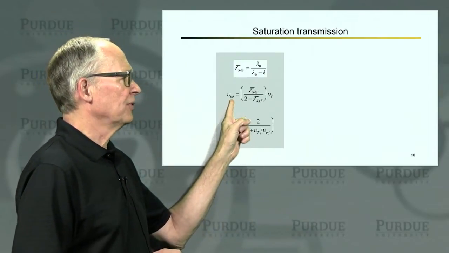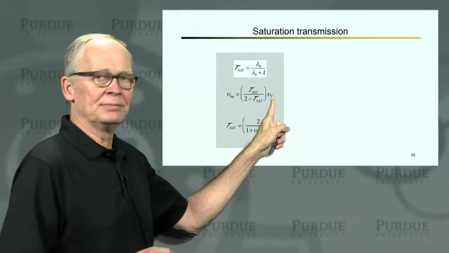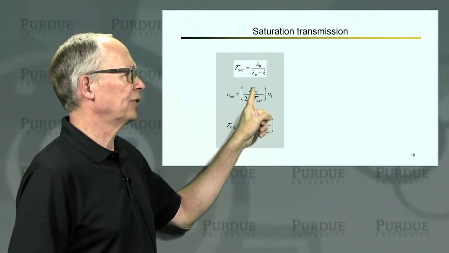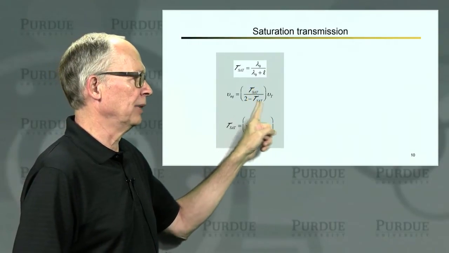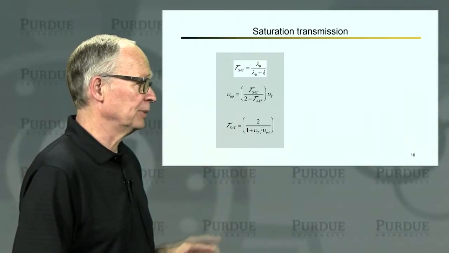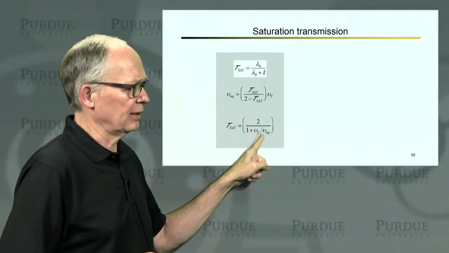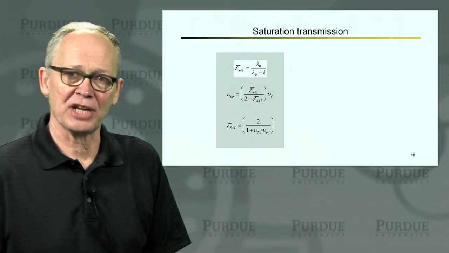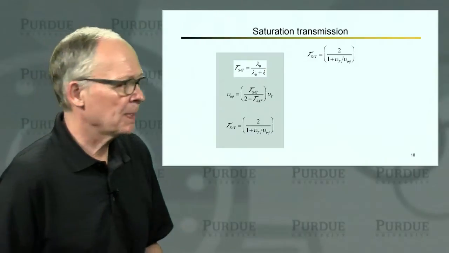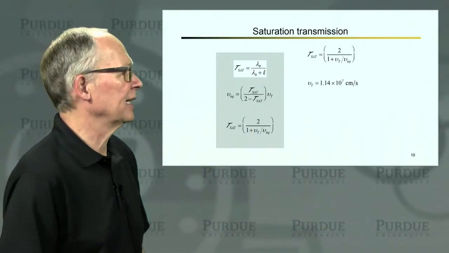The injection velocity, we've seen, is some fraction of the ballistic injection velocity or the thermal velocity, and the fraction is transmission divided by 2 minus transmission. So we can solve this equation for the transmission, and it's simply related to the thermal velocity, which we can compute, divided by the injection velocity, which we can extract from the MVS fit. So we have a simple way to estimate the transmission in saturation.